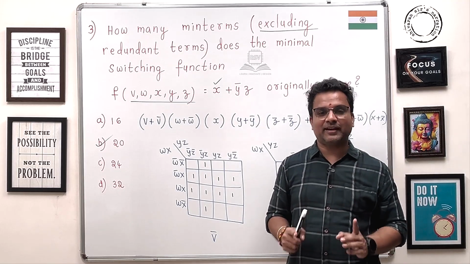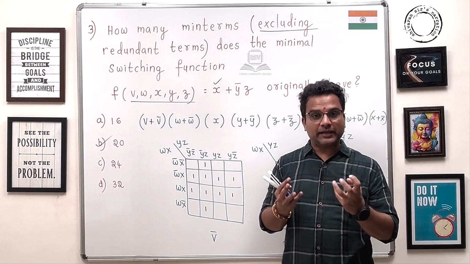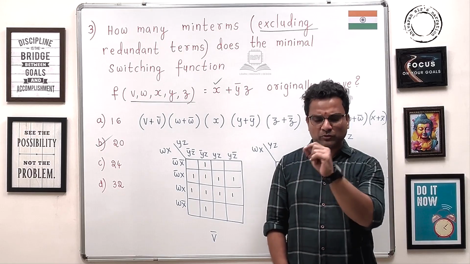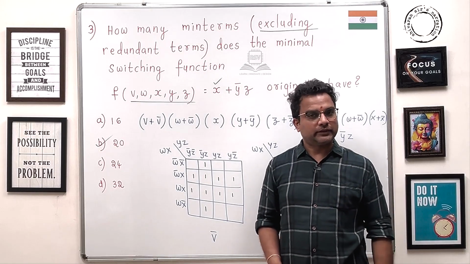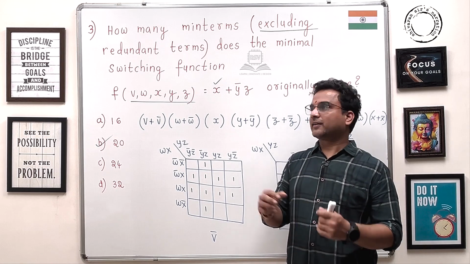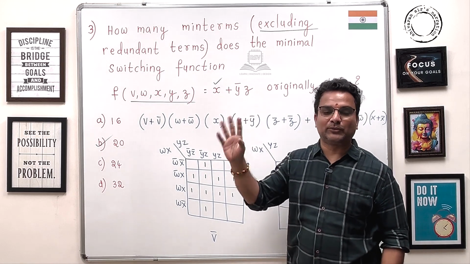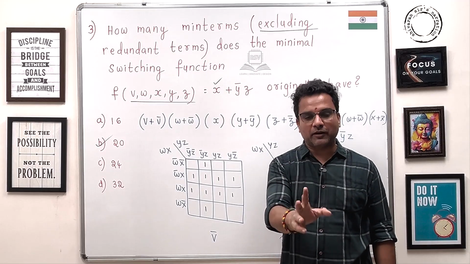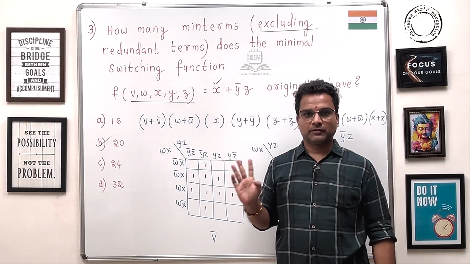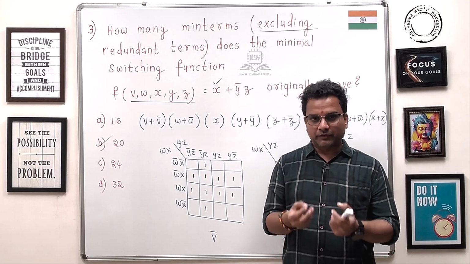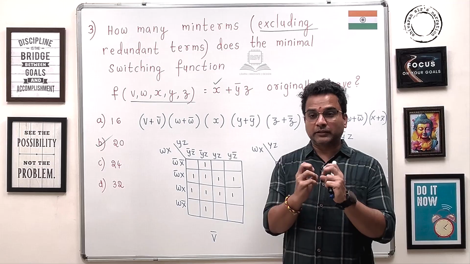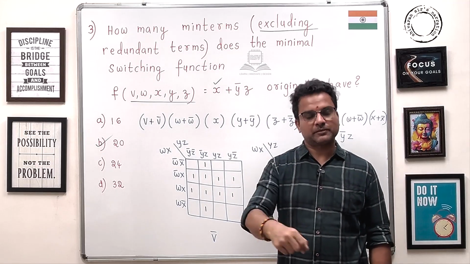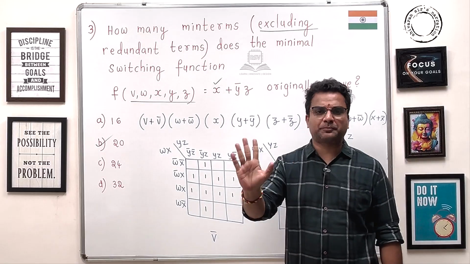But the answer is, guys, if you have the criteria saying that you need to implement using multiplexer only, or using demultiplexer only, then you cannot say this is a minimal switching function, I can't do it like that. As per the design requirement, you need to work, that's it. So what I am telling is, if the design is expecting logic gates, then the minimal switching function is the preferable option.